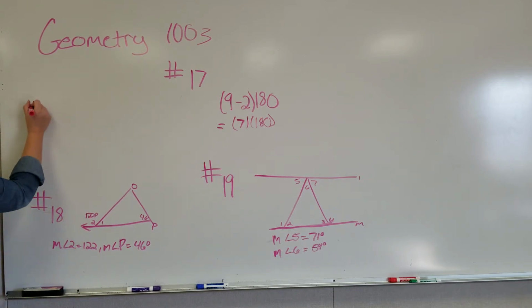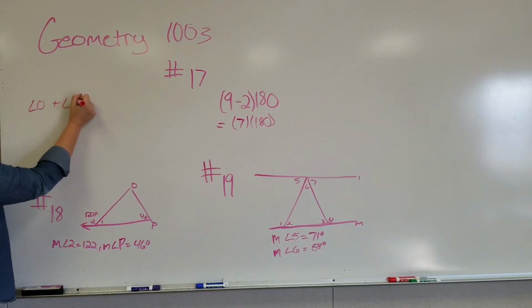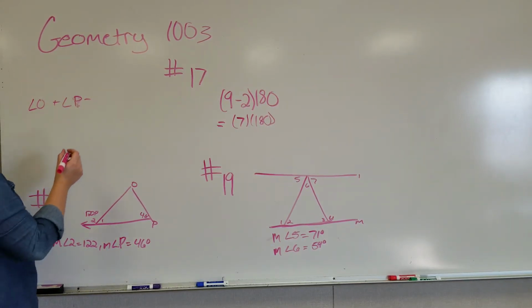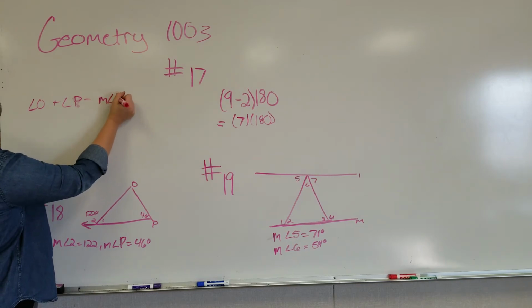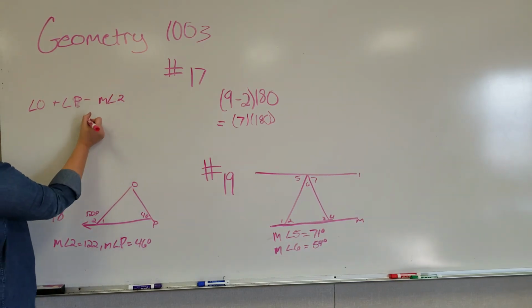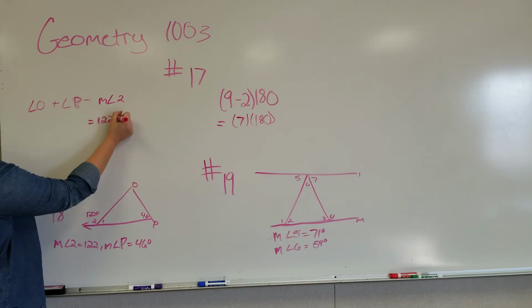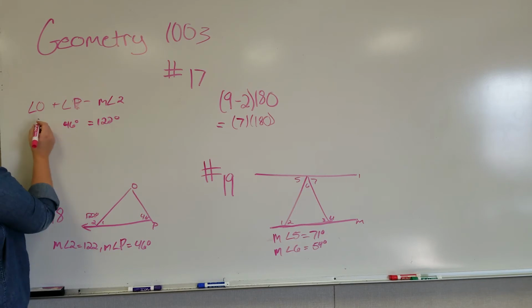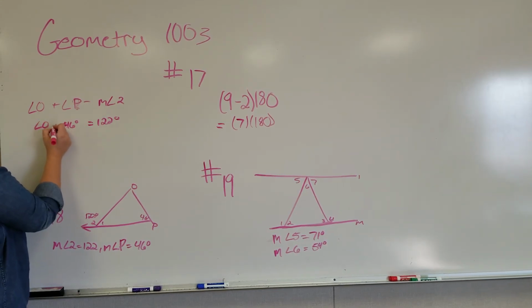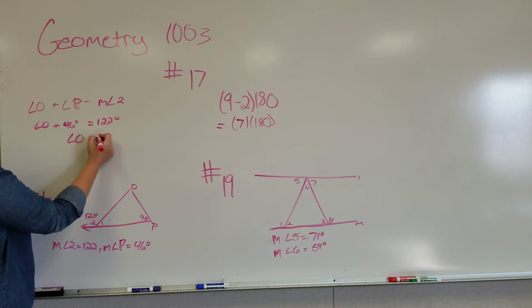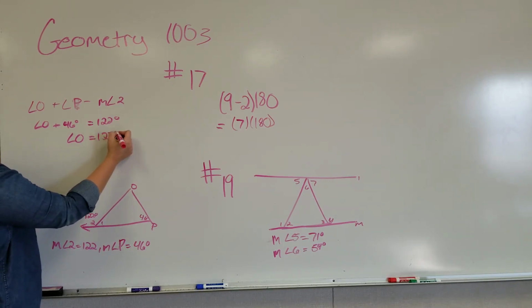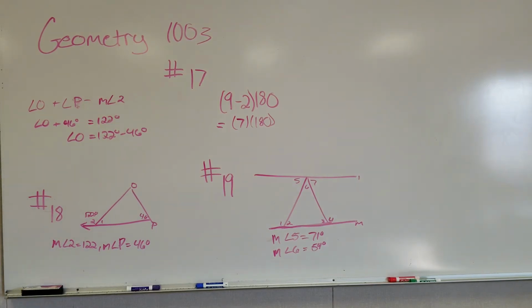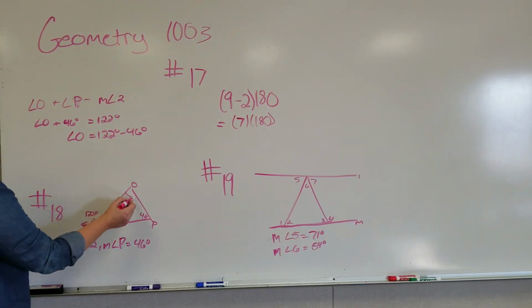So the measure of angle O plus the measure of angle P should equal the measure of angle 2. We know the measure of angle 2 is 122 degrees. And we know the measure of angle P is 46 degrees. So the measure of angle O is actually going to equal the exterior angle minus the one interior angle you know. So 122 minus 46 will give you this angle here.